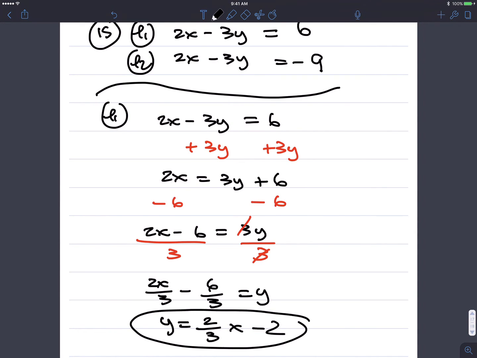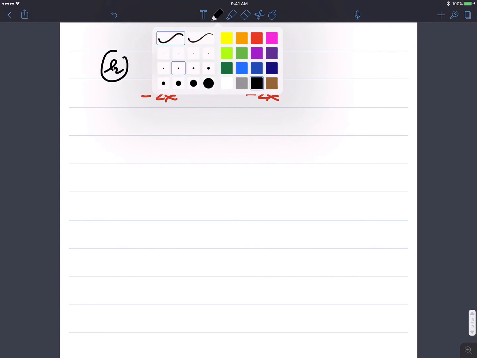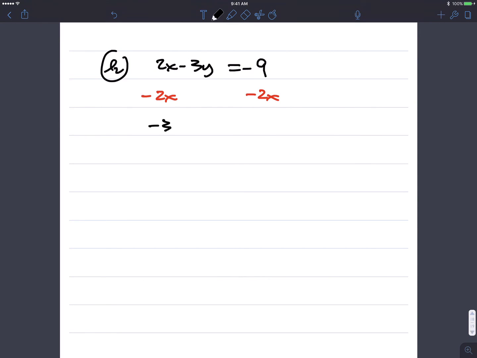That's our first line. Let's see the second line. 2x minus 3y is negative 9. I'm going to solve this one a little differently to show you again the variation of how to solve. It can be done in more than one way.